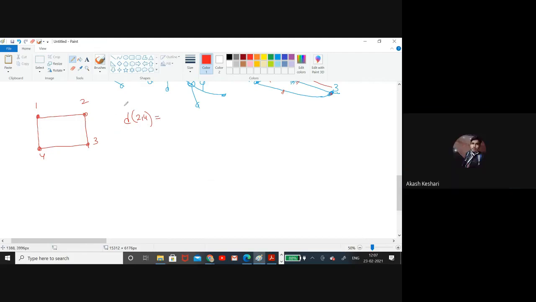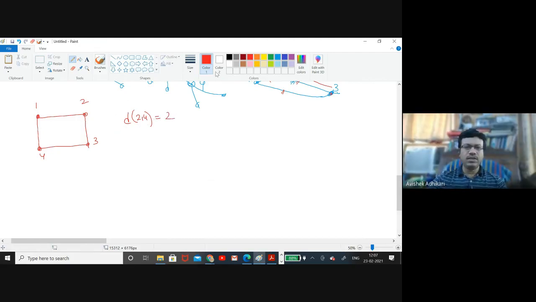It's 2. You can see that there exist two paths from 2 to 4. You can take this path and then this path, the distance is 2, or you can take this path and this path. Now you understand that this cannot happen if it is a tree, because in a tree you cannot have any kind of circuit.